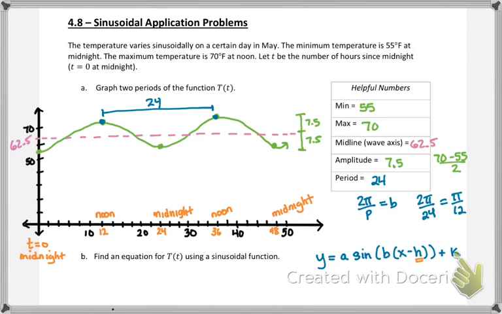And that's entirely up to you, although I think it's a little bit easier if we write a cosine function, only because it's easier to identify where the high-low points are, because this is my cosine, right? And I already know where this point is. Versus if I want to write a sine function, that starting point is right here where the wave axis is.